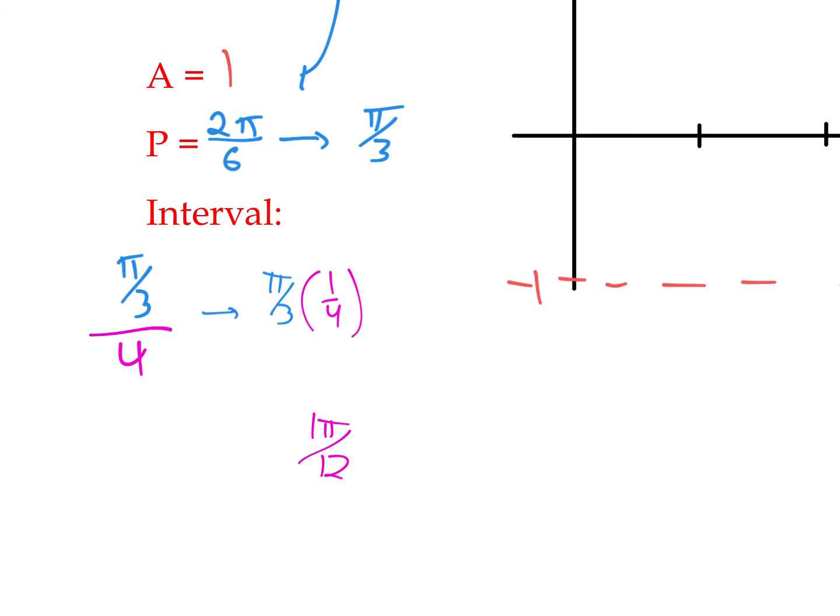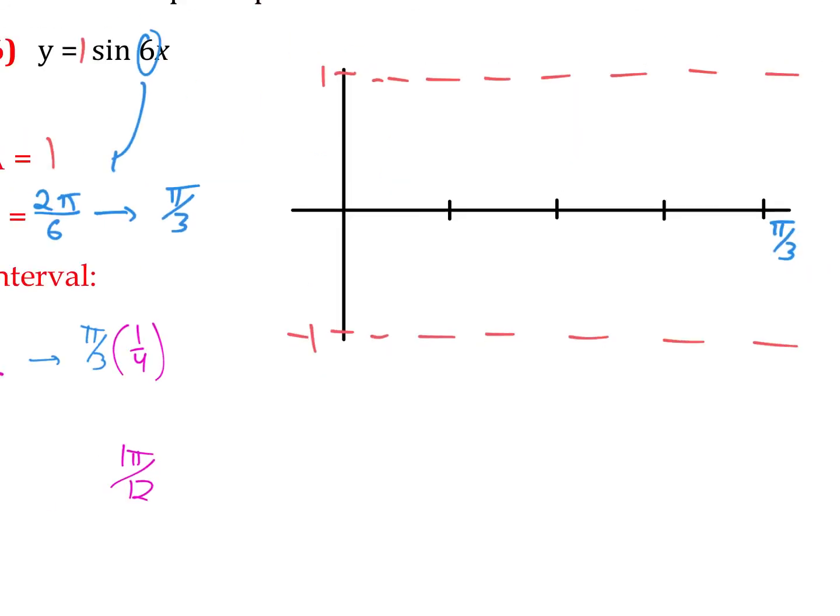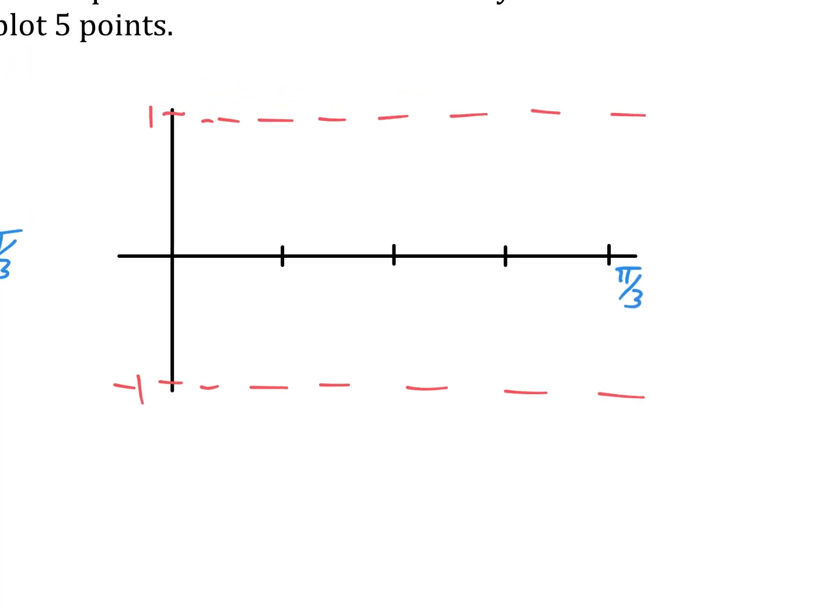So my denominator is going to be 12, and I'm counting up by 1 pi. So it'll be 1 pi over 12, 2 pi over 12, 3 pi over 12, and 4 pi over 12. Let's see if we can reduce. 1 over 12? Nah. 2 over 12, yep, that would be 1 over 6.